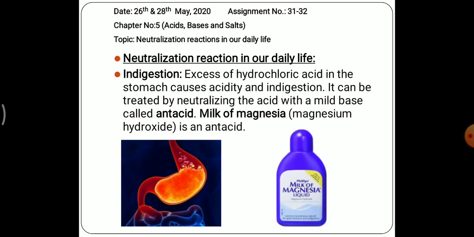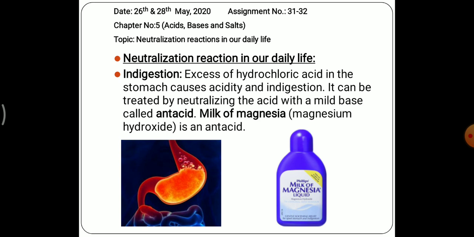So now we will see whether neutralization reaction occurs in our daily life also. Yes, it occurs. The neutralization reaction involving acid and bases plays a very important role in our everyday life. So coming to indigestion. What do you mean by indigestion?